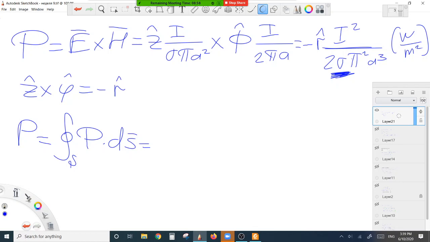As we have already said, the cylindrical surface consists of three surfaces.